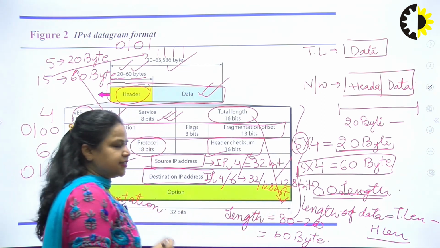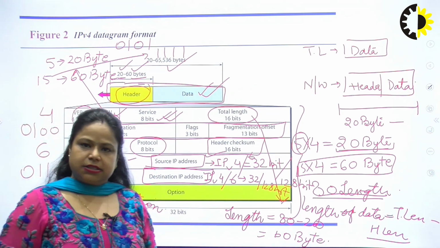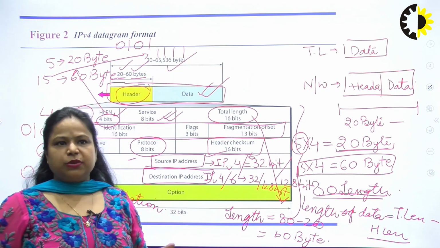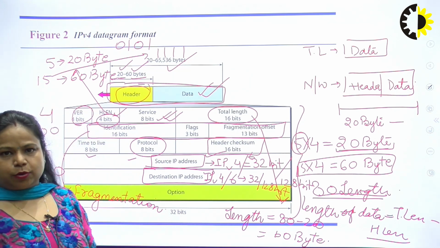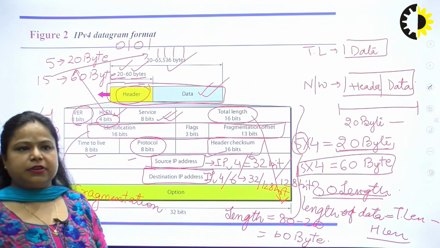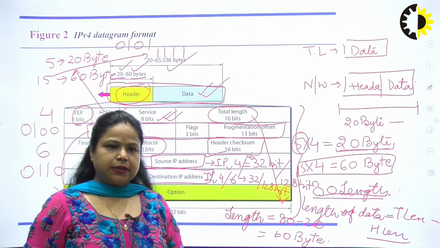So it indicates the source address and destination address depending upon which version of the IP protocol we are using, right?